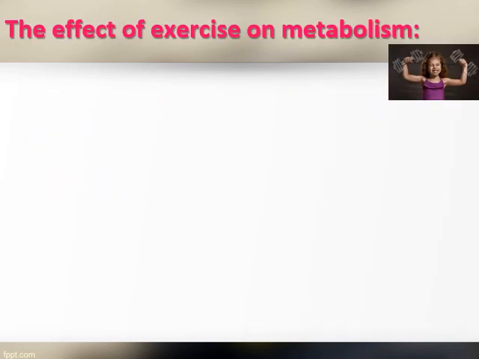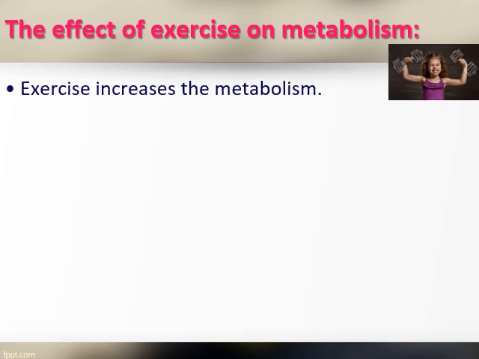The effect of exercise on metabolism. Exercise increases metabolism. There is an immediate increase in the metabolism during exercise and post-exercise. Over time, there is also a paramount increase in basal metabolic rate as lean muscle tissue increases.